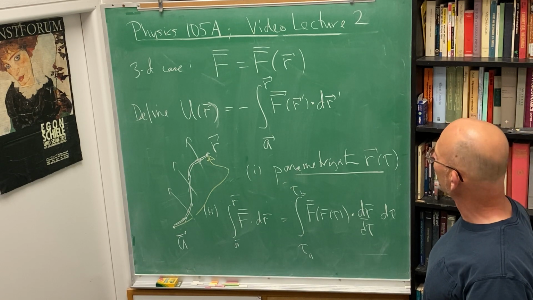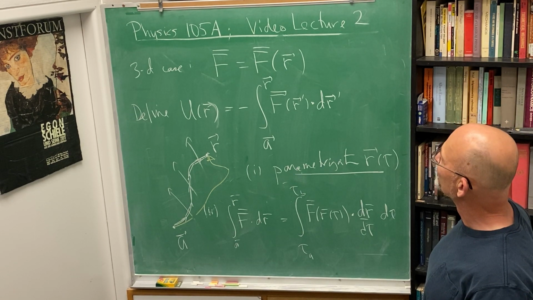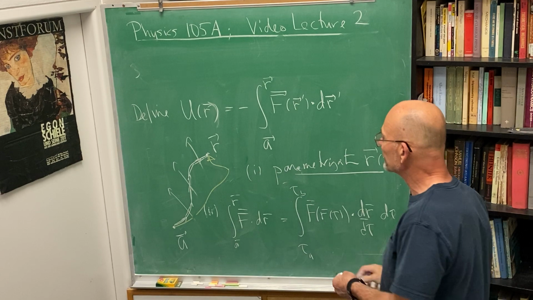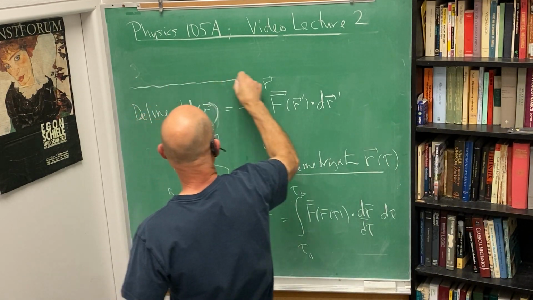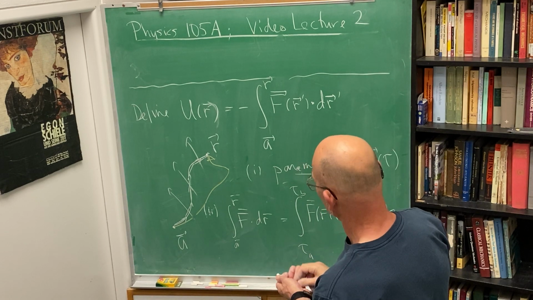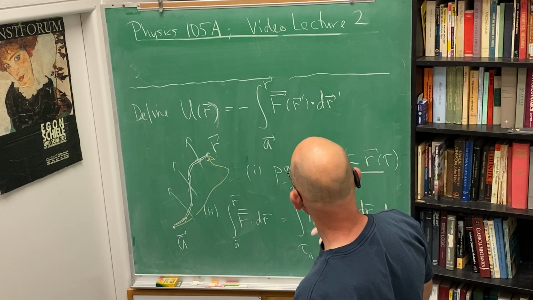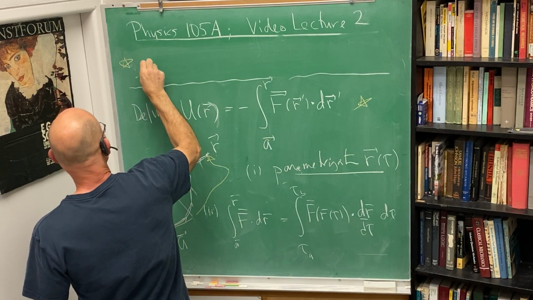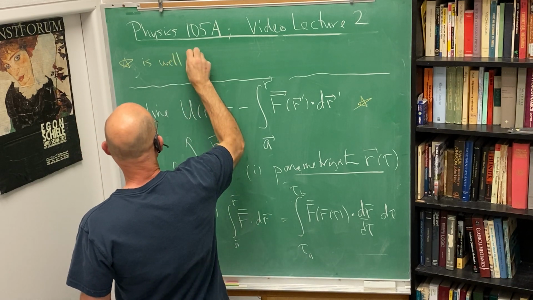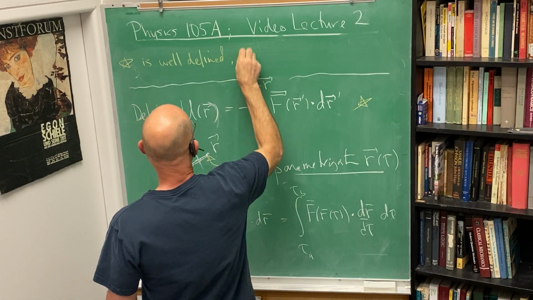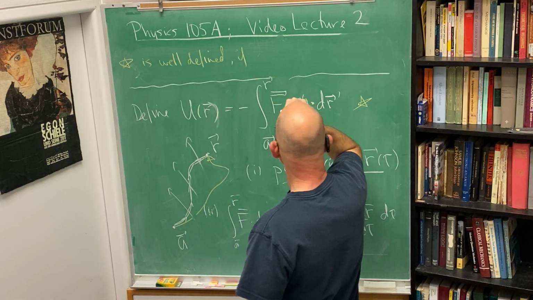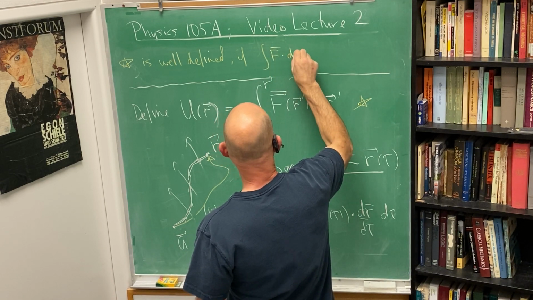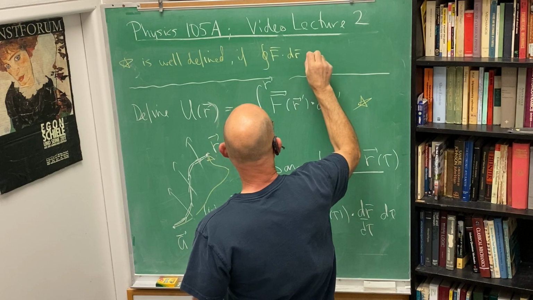The condition for that is a stipulation that we make regarding the vector field F. Let me summarize all that, because there's not that much room up here. I always like to leave something up here, so let me write this right in here. This is well defined if the integral of F dot dr around a closed path equals 0.